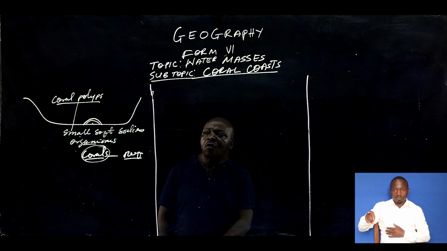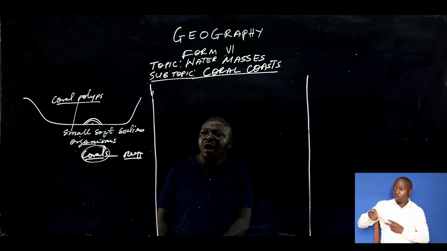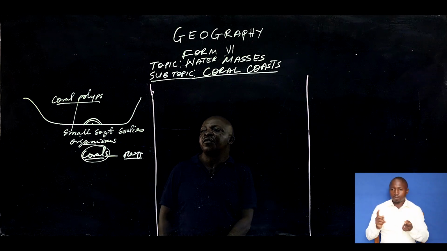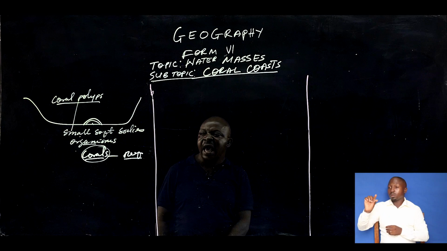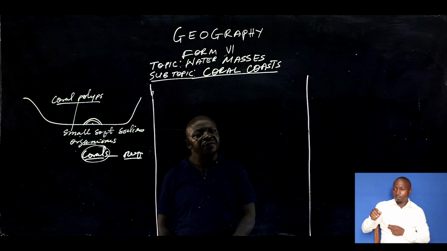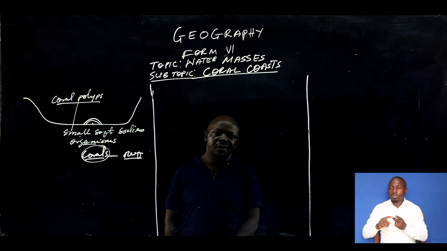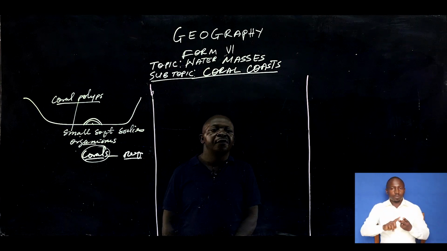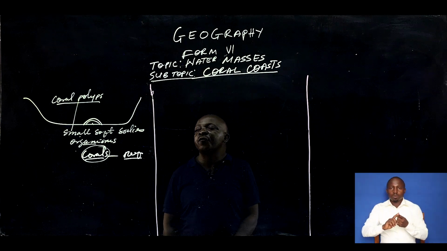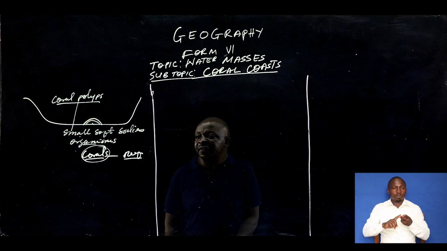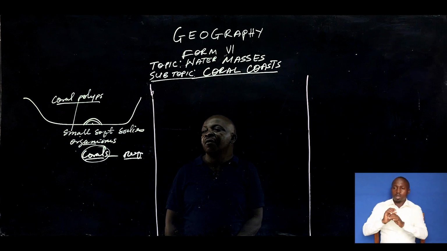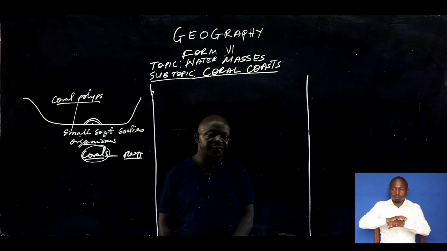Another condition, coral polyps cannot live long out of water, and therefore corals grow well below the low tide level. Another condition, I have already told you, coral polyps are small organisms. Therefore, the oceanic environment should have an absence of strong waves and tides, which would hinder the accumulation of skeletons to form coral reefs.